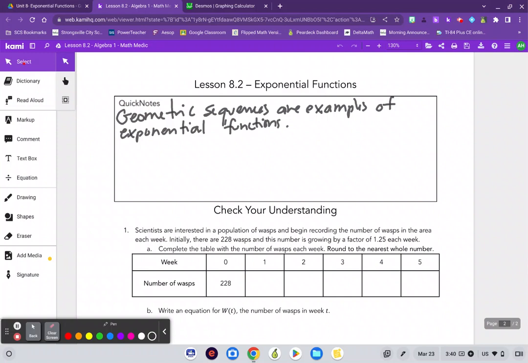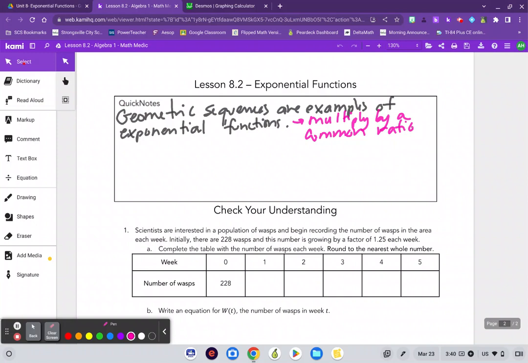In other words, we multiply by a common ratio in order to create terms in that function, okay?